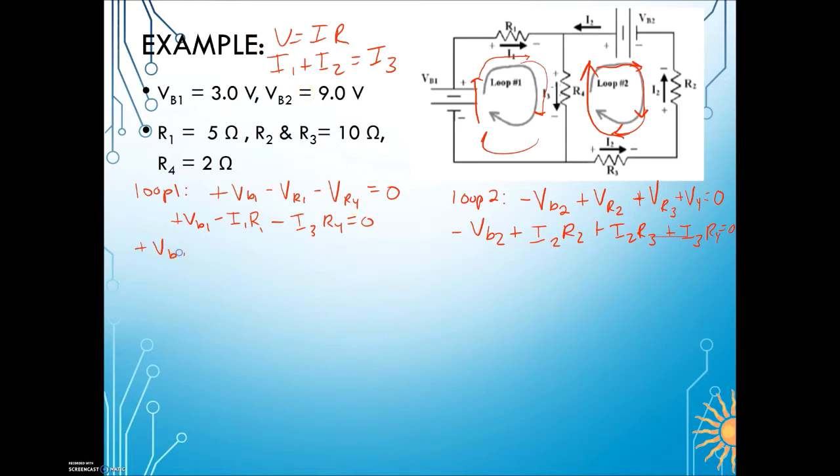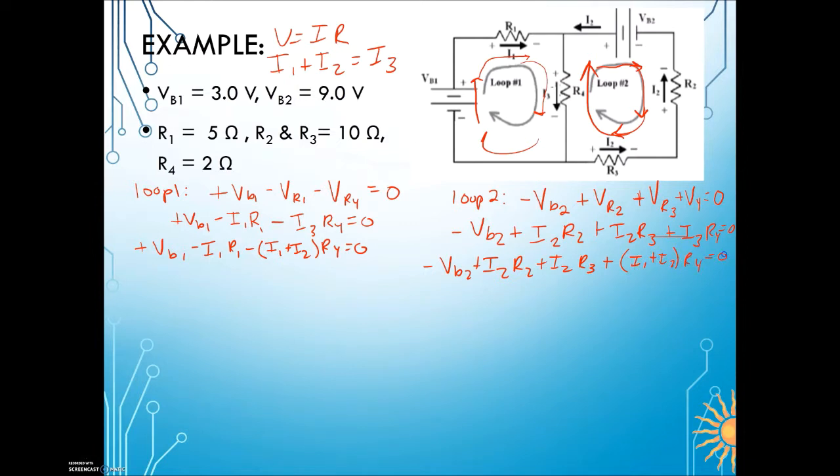We have the positive voltage at B1 minus I1 R1 minus the quantity I1 plus I2 times R4 equals 0. And the same thing over here: negative VB2 plus I2 R2 plus I2 R3 plus the quantity I1 plus I2 times R4 equals 0.